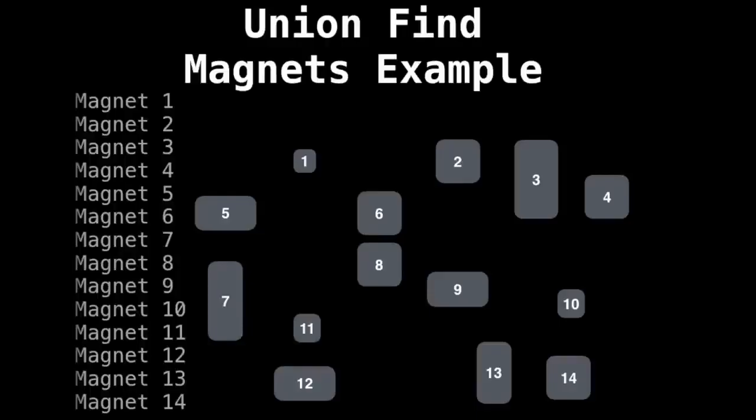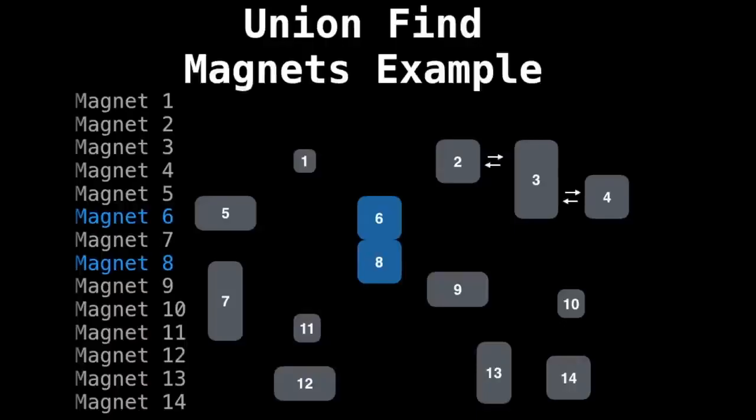So if I label all the magnets and give them numbers, and we start merging the magnets with the highest attraction, first we're going to merge 6 and 8 together since they're the closest. So in our union find, we would say union 6 and 8. And when we do a lookup to find out which groups 6 and 8 belong to, they would belong to the blue group.